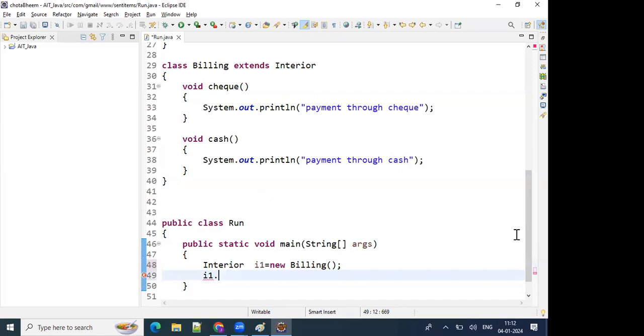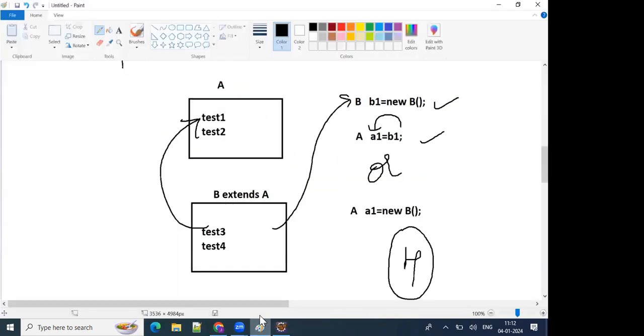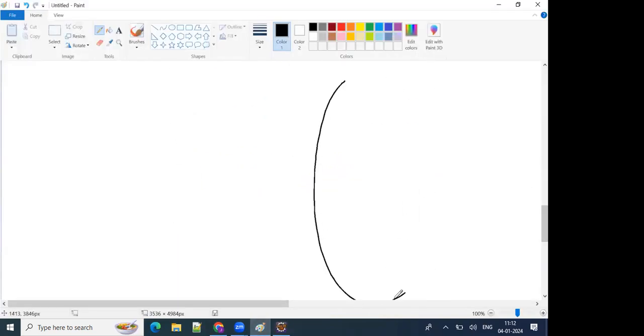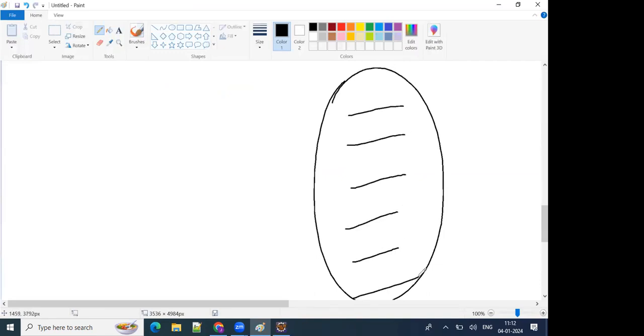When you are seeing that billing object, how many methods does it have? All six methods we have. This is the billing object: 1, 2, 3, 4, 5, 6. If you are seeing the variable through billing, you can see all six methods.